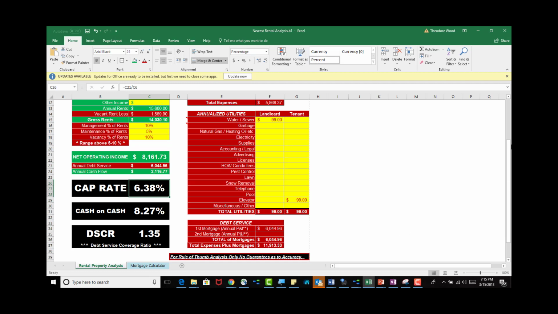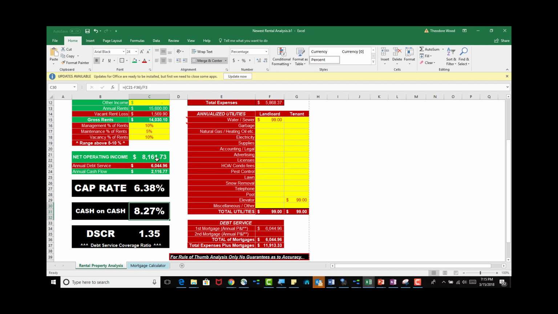Now, cash on cash, this is a very, very important number to a lot of people. What this really is, it's C21, which is your net operating income, minus F36, which is down here. F36 is the total of your mortgages, because this deals with what you are paying in mortgages. All your expenses are already deducted from your gross rents to give you your net operating income.